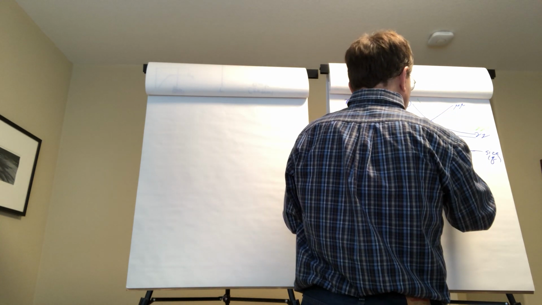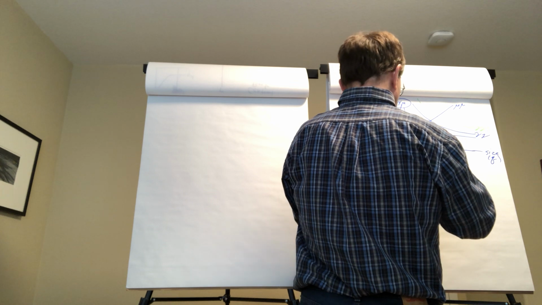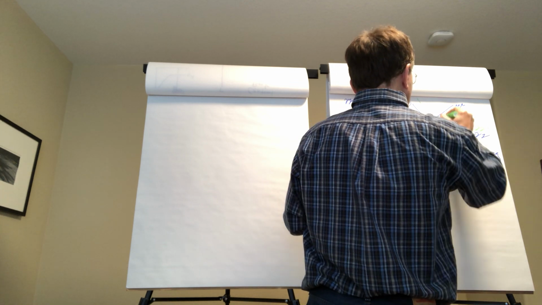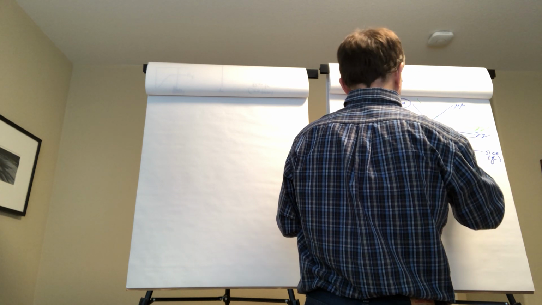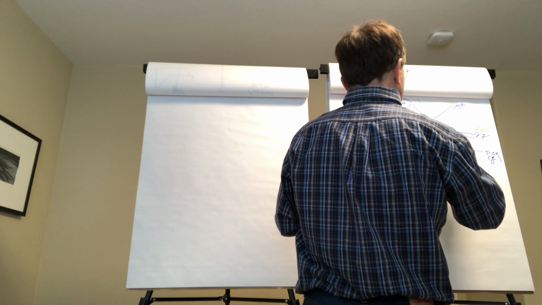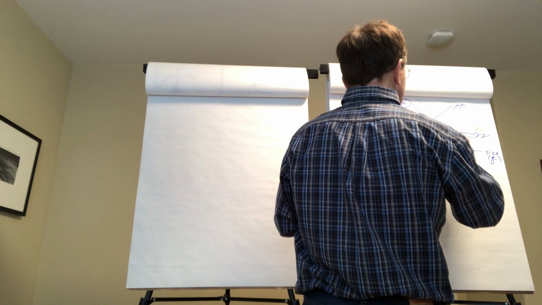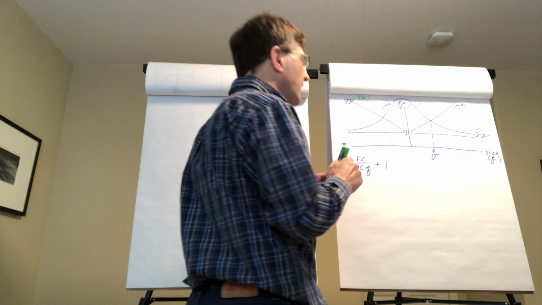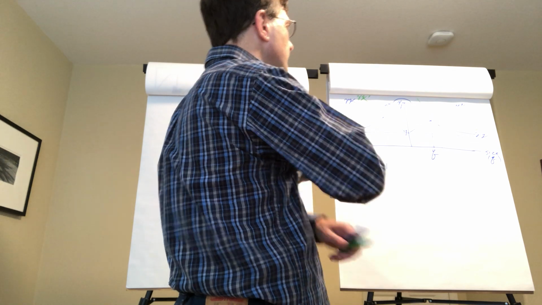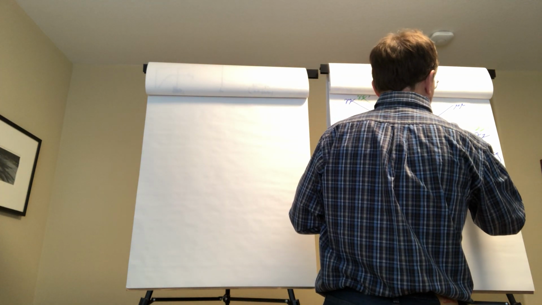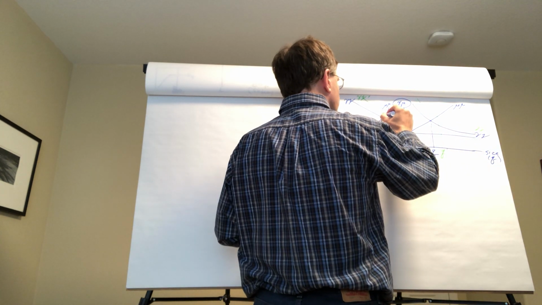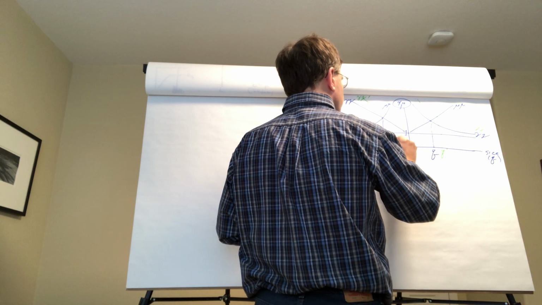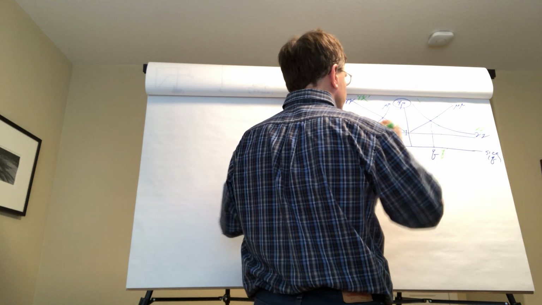So size, this time I'll label it little q. And with the lower marginal cost, what we're seeing is that the size of a typical firm has gone up, and over here what we can see is there's a number of firms to begin with, and the number of firms goes down.